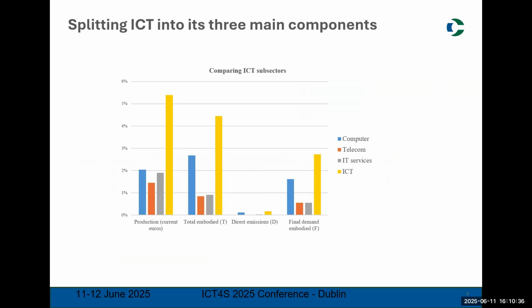The second one shows total embodied footprint and indicates notably a proportionally higher contribution for hardware. The third one illustrates the direct emissions that are negligible for all subsectors, including computer. The last histogram, finally, on the right shows the final demand footprint that represents roughly 60% of the total footprints, with the same relative proportion as for the total footprints.